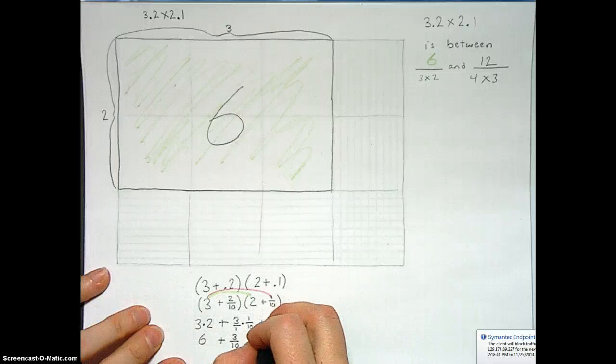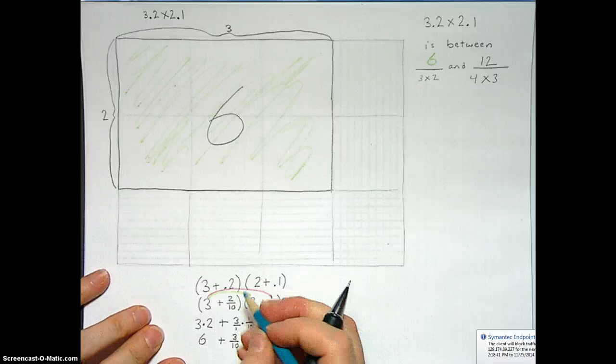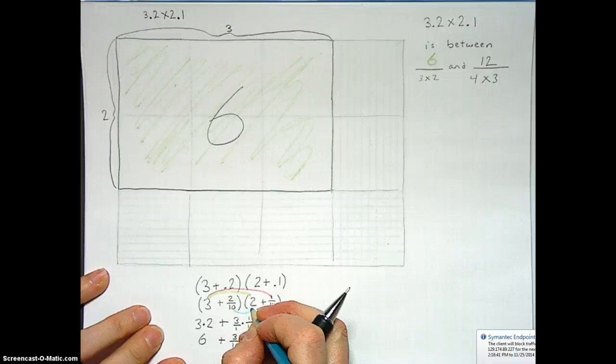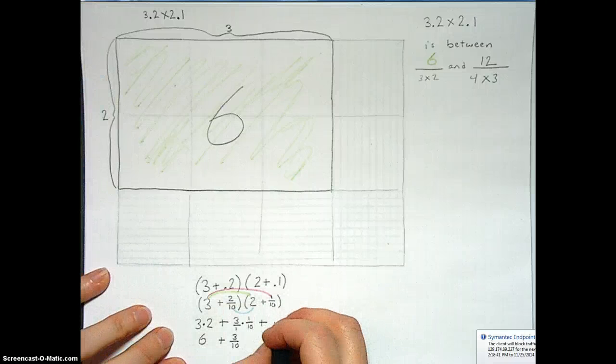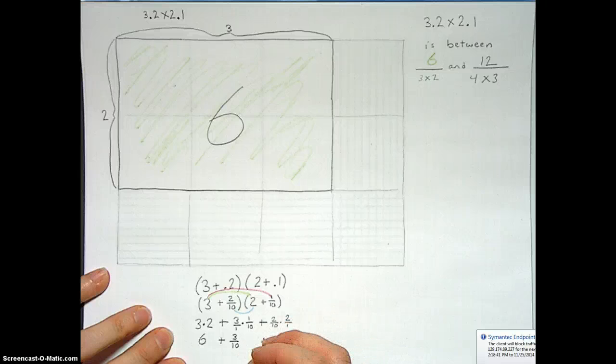Then we're going to do our inner piece right here. Inner piece. Wouldn't we all like to have inner piece? Okay, so that's 2 tenths times 2, or 2 divided by 1, which is still 2. So here we get 4 tenths, which you can write as 2/5 if you feel like simplifying, but for me it's easier to just leave everything in the tenths since we want to go back to decimals eventually anyway.